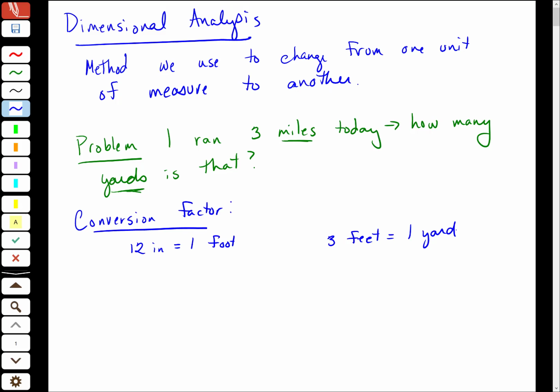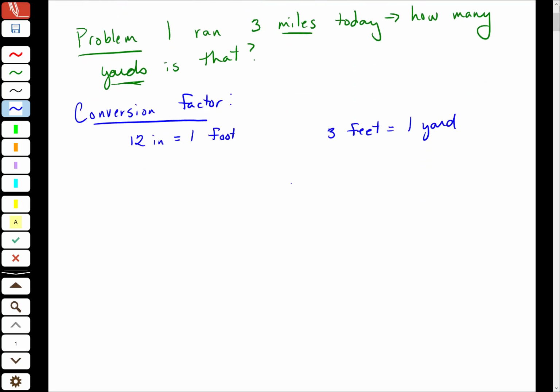Okay. So the fact that these are equal means there's a relationship between them, right? That's what we learned about equality. They're equal, and so what it also means is that I can multiply by a fraction. Two conversion factors are possible out of every single kind of equality of this sort. Because 12 inches and 1 foot are the same thing, this is the same thing as multiplying by a fraction that's 1, right?